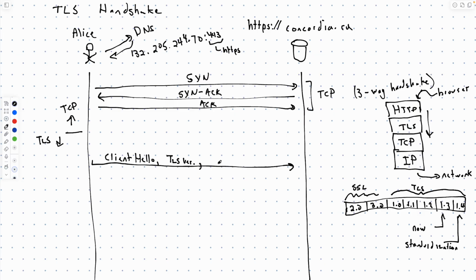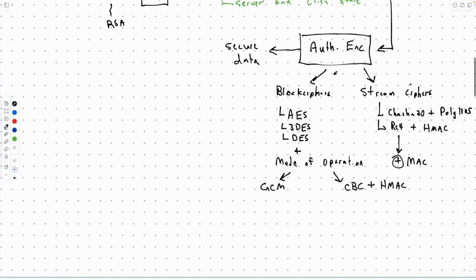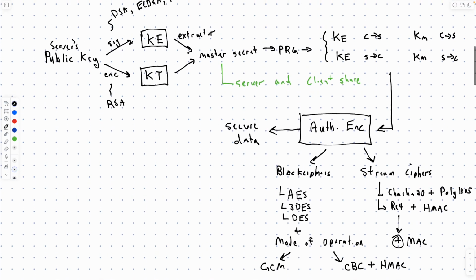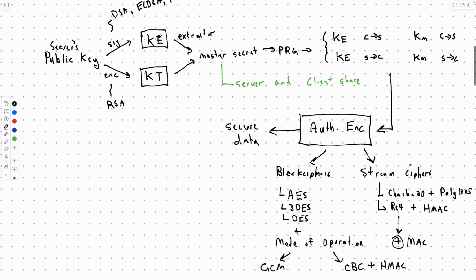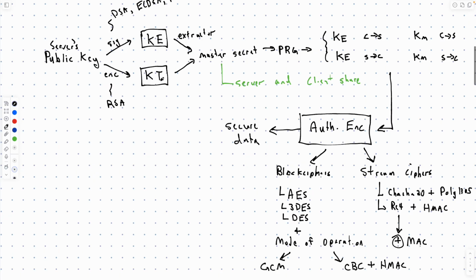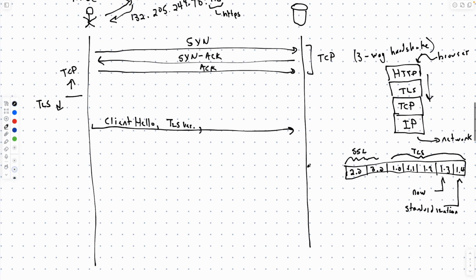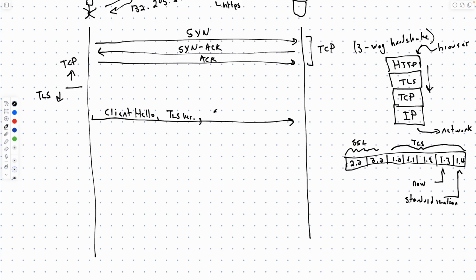Then I'm going to send the cryptography algorithms that I prefer to use. I would like to do key exchange because it has forward secrecy as opposed to key transport. I like GCM. I don't want to mess around with the MAC, so that's my preferred. And again, I'll send a whole list. These are called cipher suites, and this will come as a list.